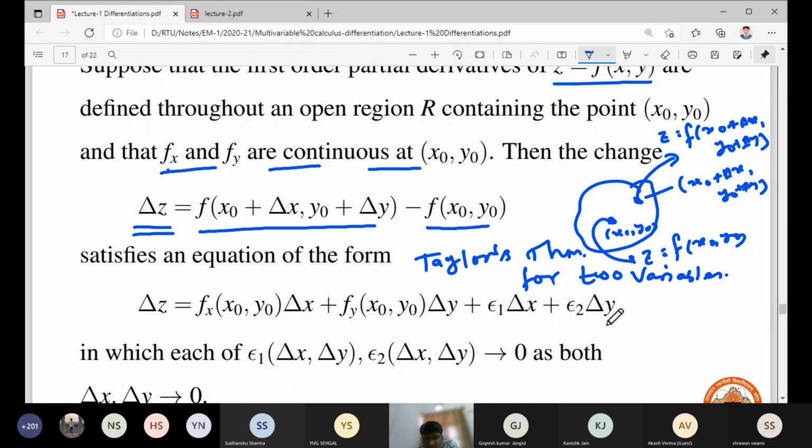So we have considered only the first order terms in the Taylor series or Taylor's theorem, right?